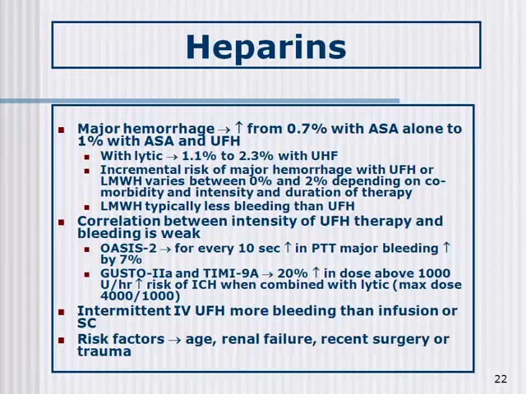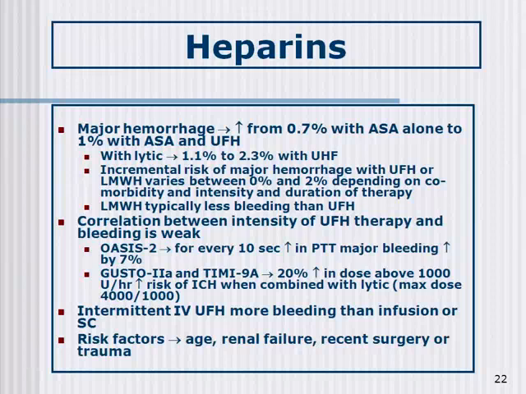So, slide 22, just a couple of words about what to do for patients who are on heparin products and bleed. We know that heparin increases the risk of hemorrhage, and that if you add aspirin to heparin, you are going to have an increased risk of bleeding, although this is something that we do 100 times a day in our cardiac patients.